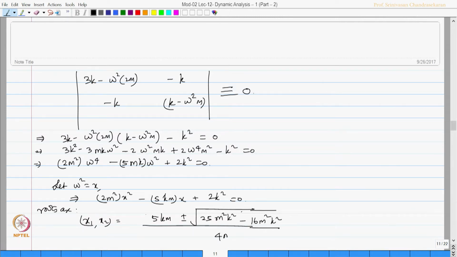So, that gives me 4 m square. So, which gives me x 1 x 2 after simplification as two k by m and k by 2 m. Okay. There are two roots now.